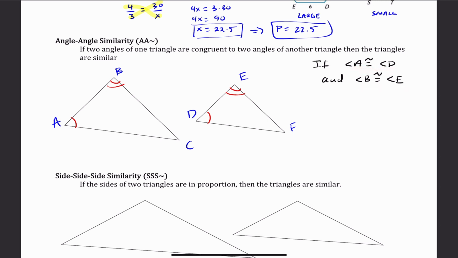But this is enough to show that triangle ABC is similar to triangle DEF by what we call the angle-angle similarity. Okay?